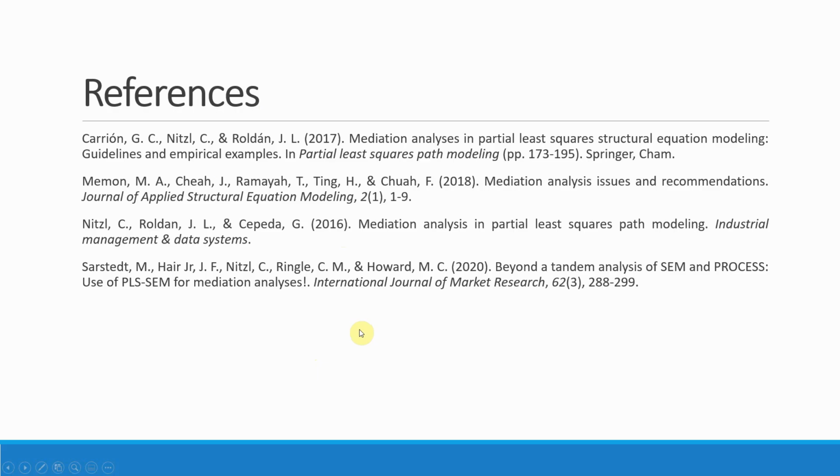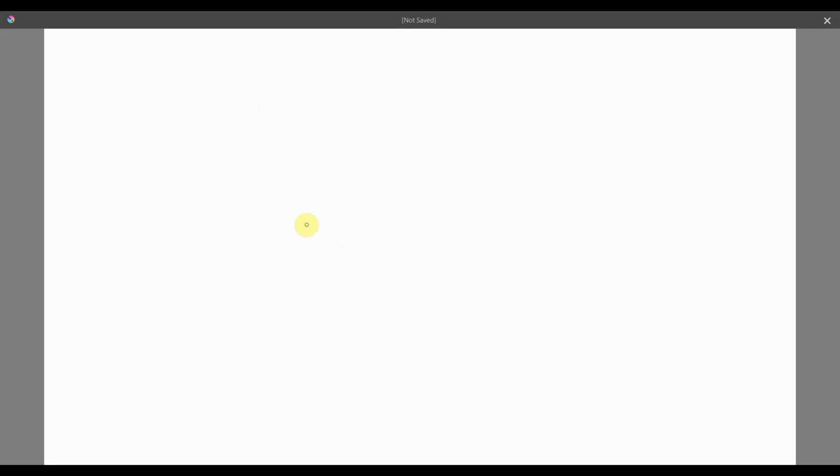A number of times I've been asked, how do we search for mediators for our model?